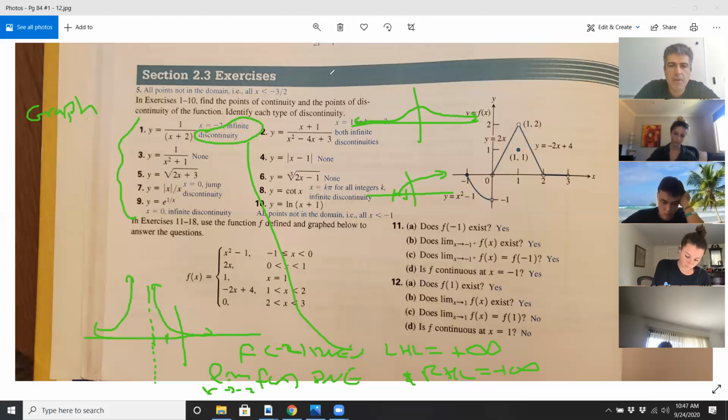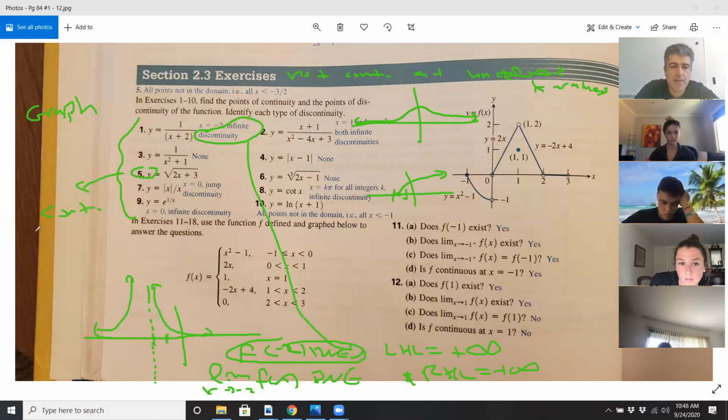So it's not continuous at undefined x values. Because in order to be continuous, don't you have to have f of whatever exist, right? So for example, would number 5 be continuous at x equals -2?